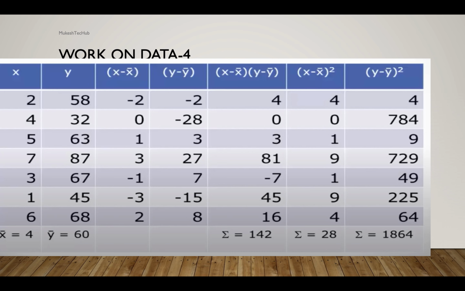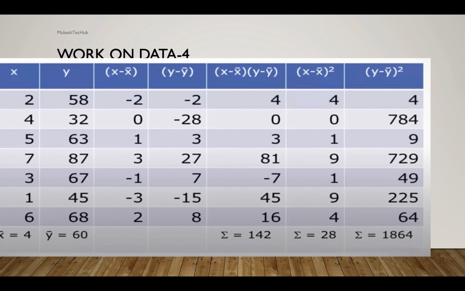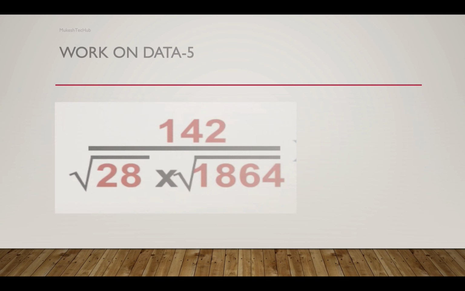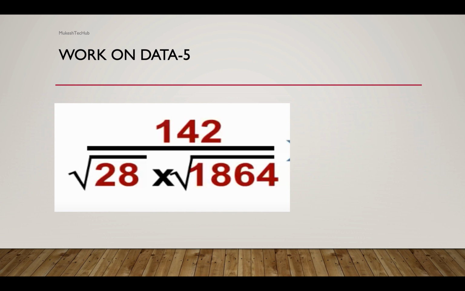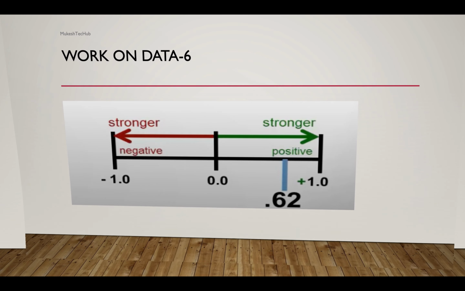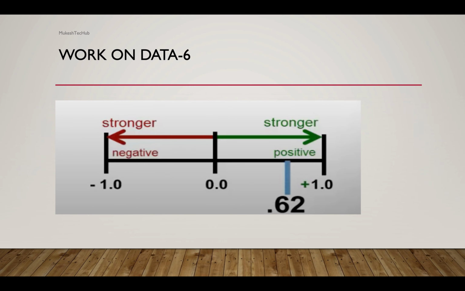So we got all the possible values. Now we need to put them in the formula, right? So if we put in the formula, then the total is 142 divided by root of 28 into 1864. If we calculate that, we will get the value as 0.62.